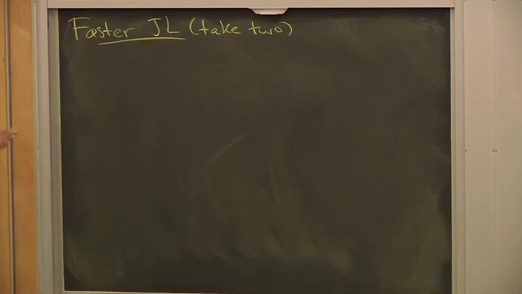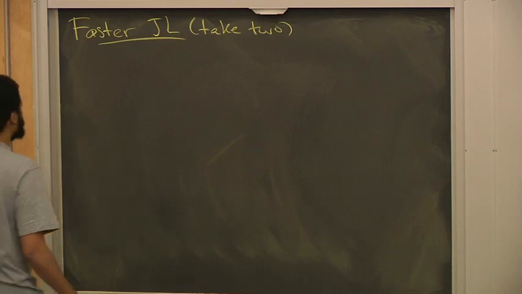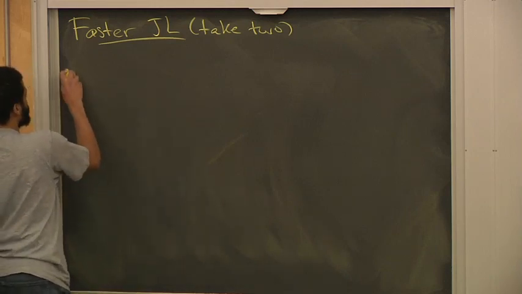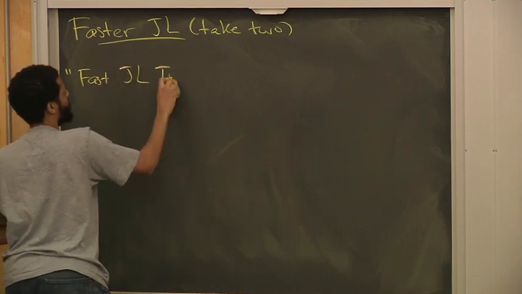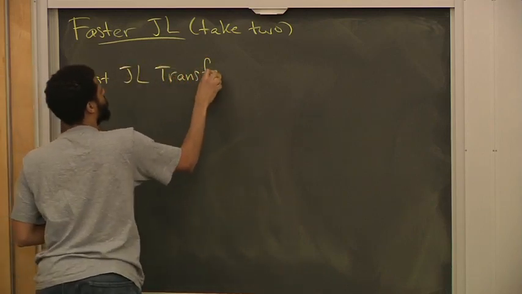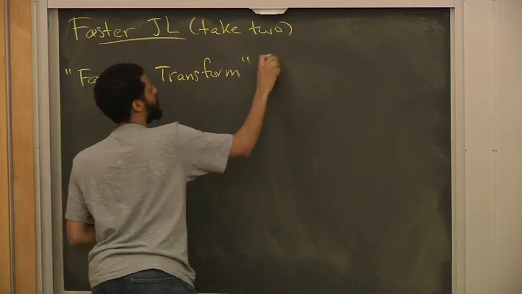Actually, the approach I'm going to show you now was historically discovered before the sparse approach. What I'm going to show you is called the fast JL transform, usually called the FJLT.